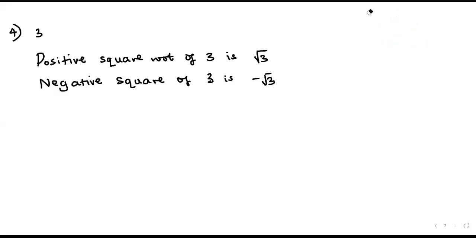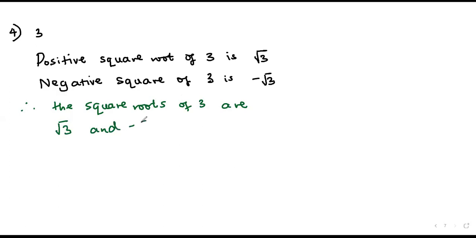So if it is not there, we write the square roots of 3 just with its symbol. We say that they are the square root of 3 and the negative square root of 3, because there is no number that we can multiply by itself to get 3. So we write it like this. Do you understand?